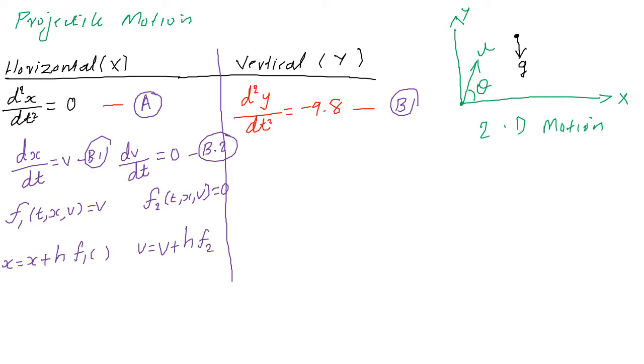Correct? And you must calculate the new time as t equal to t plus h. So this will give you all the necessary equations. So these are the required equations to simulate the x motion.